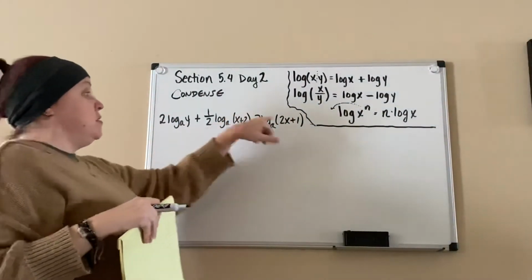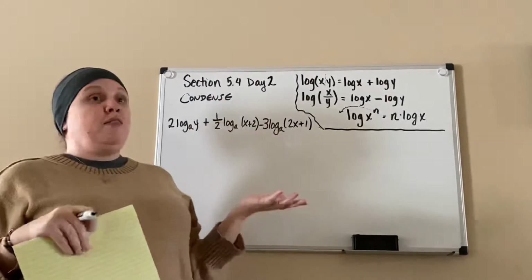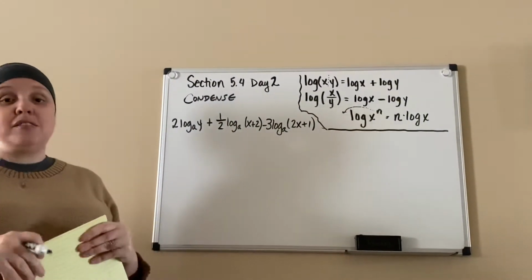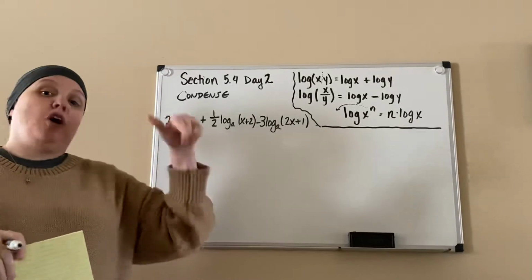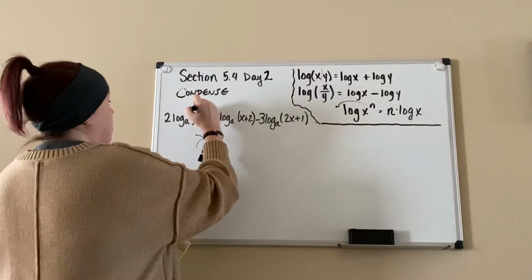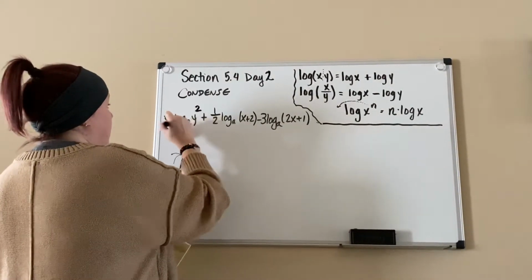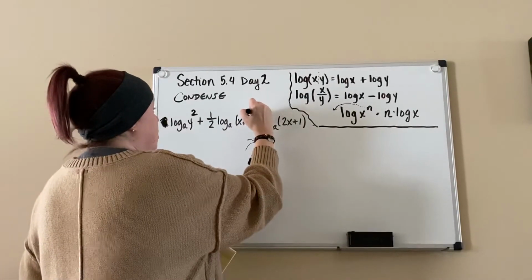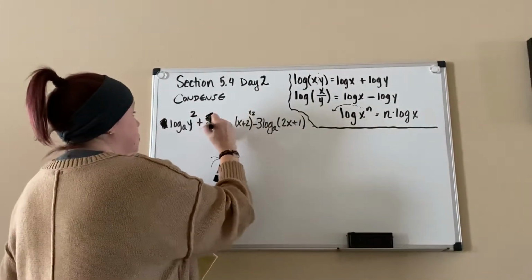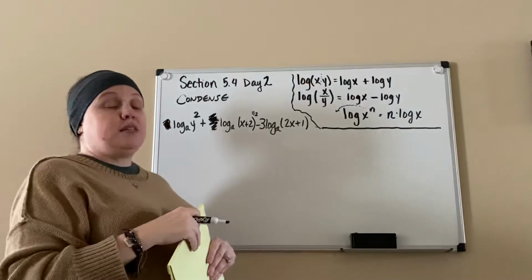How many pieces do you see? 3 of them. So the first thing I do is I go back and I put the powers where they go. So this 2 goes in the power of the y. This 1/2 goes in the power of the x plus 2. And yes, you leave it in parentheses.